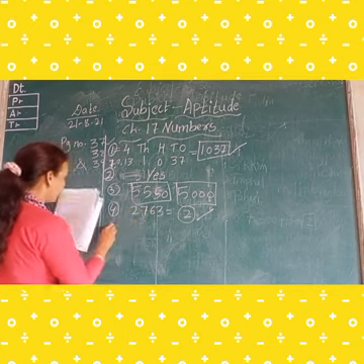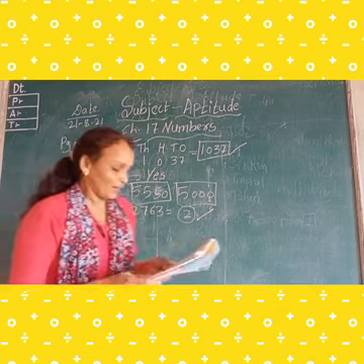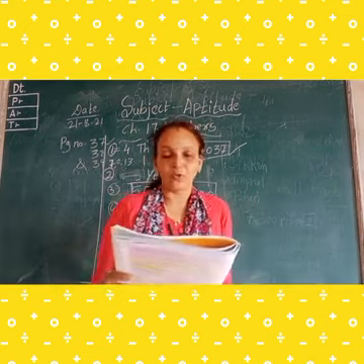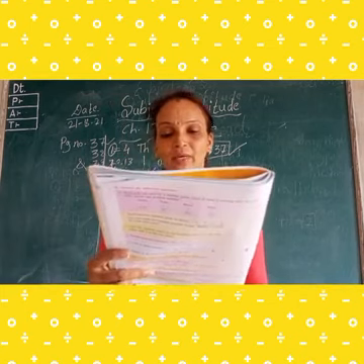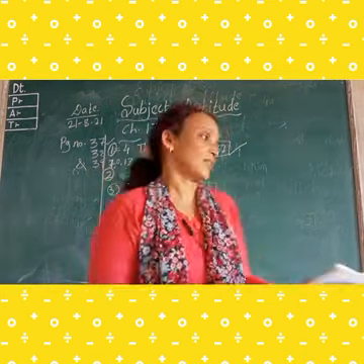Number 5. Find the number which is equal to 14 hundreds, 24 tens and 9 ones.